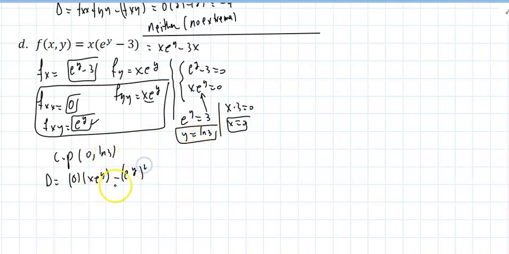This is being squared, of course. And this is 0 anyways, but if I put natural log of 3 in there, I know e to the y is going to give me a 3 squared, so d is negative 9, less than 0. So again, neither. It's a saddle. That's all you have to say.